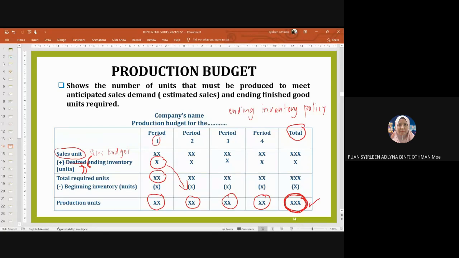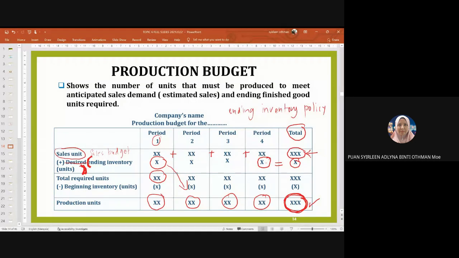In the total section at the back, this will be your sales unit total: quarter 1 plus quarter 2 plus quarter 3 plus quarter 4. Ending inventory is the last inventory in that accounting year, so it's not an added figure. Ending inventory is the final inventory in the last column, so this value and this value are the same, because we are referring to the ending inventory, not the sum of units, the last inventory in your production budget.